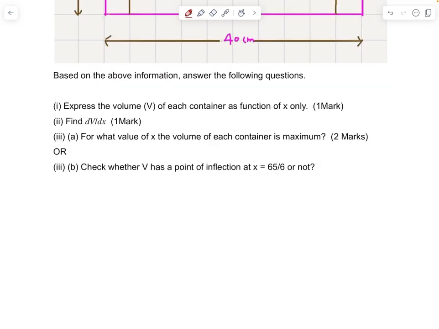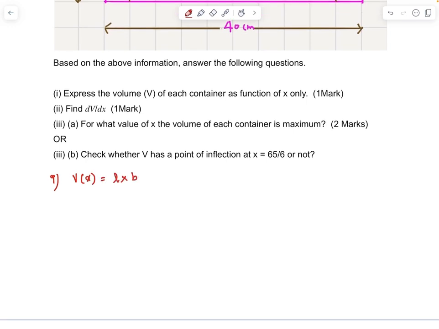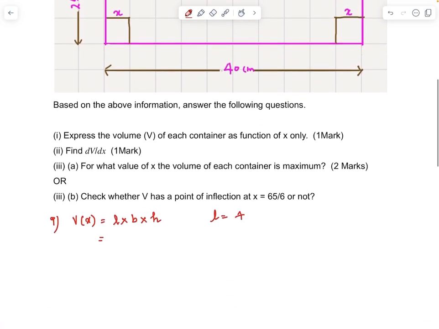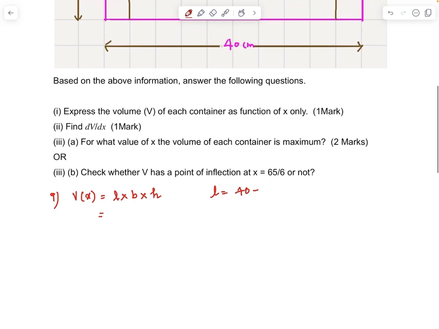Subdivision 1. Express the volume V of each container as a function of x only. So V of x is equal to length times breadth times height. The length of the container is 40 minus x on left and right has to be subtracted, which gives us 40 minus 2x centimeter.